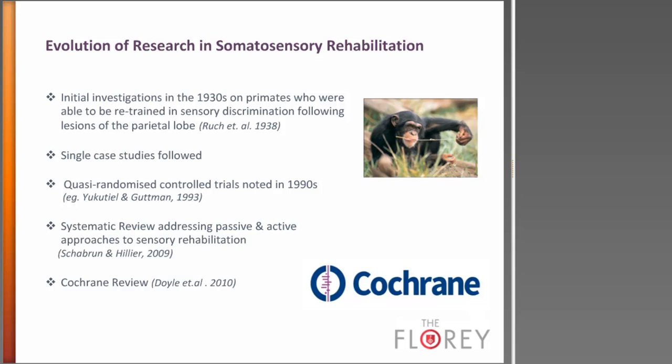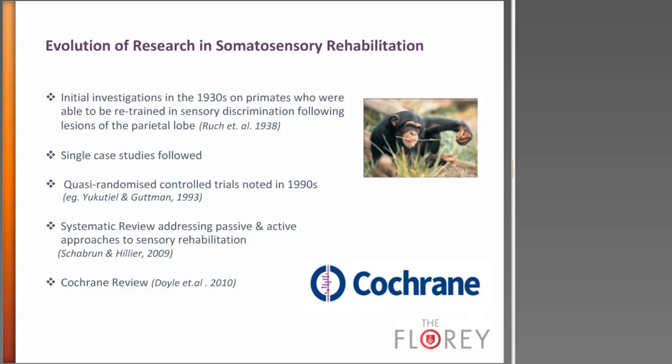So following this early work, there were some single case studies that followed with quasi-randomised control trials emerging in the 1990s, with a particularly relevant study in 1993 by Cahill and Gutman that's still referred to in some of the clinical practice guidelines. It doesn't have the strongest methodology, but had some very interesting results.